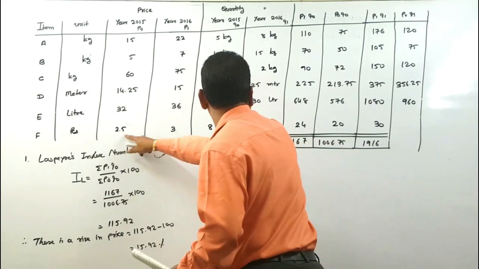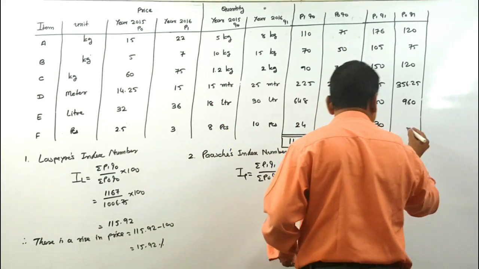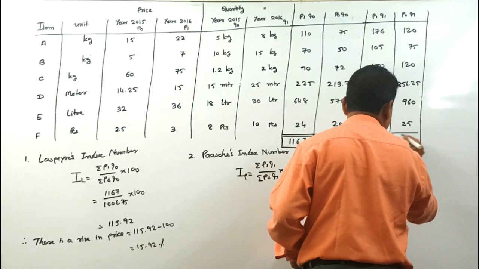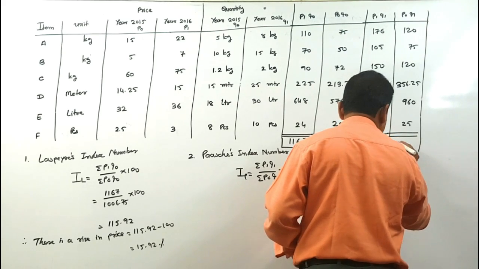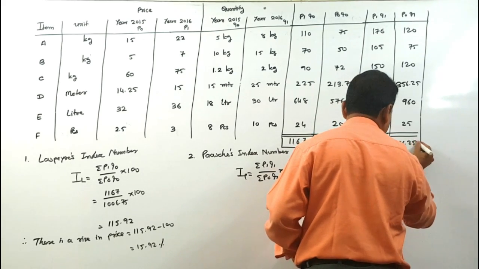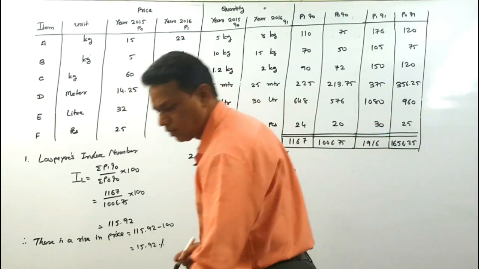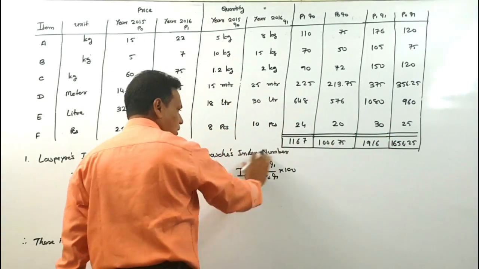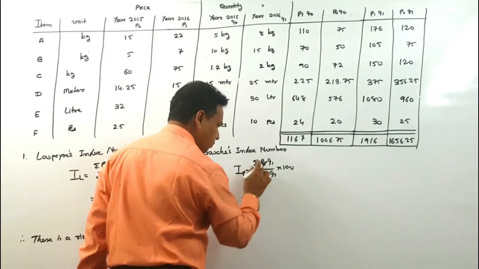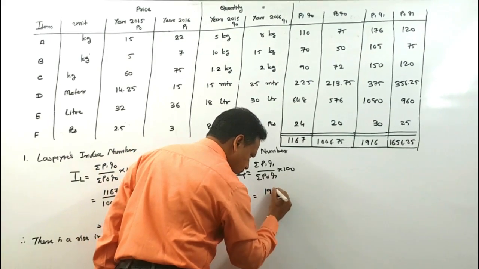Then 2.5 into 10, it is 25, and our total is 1656.25.